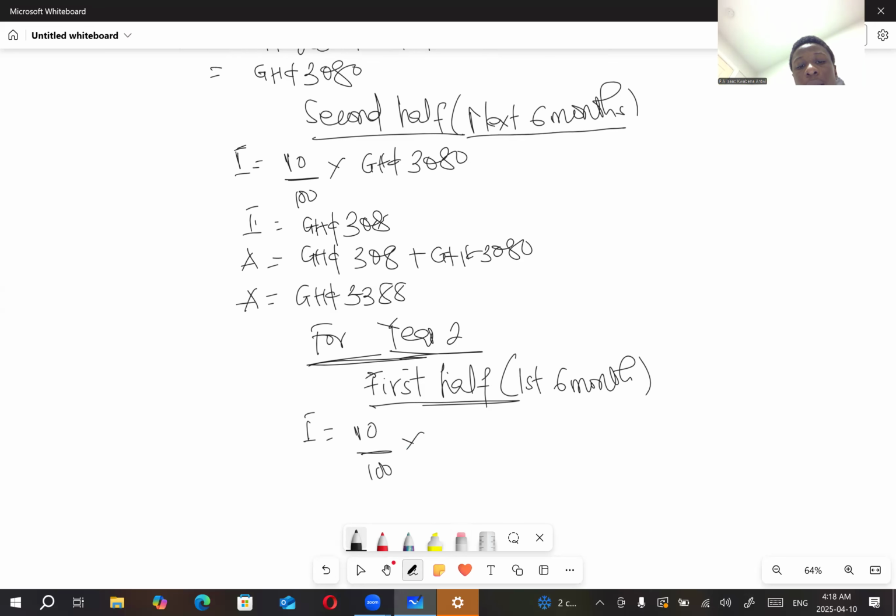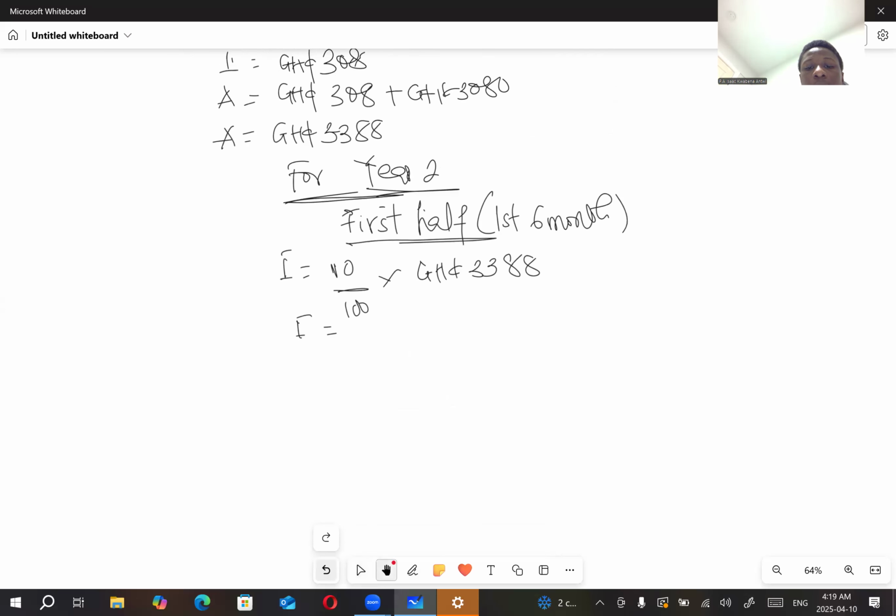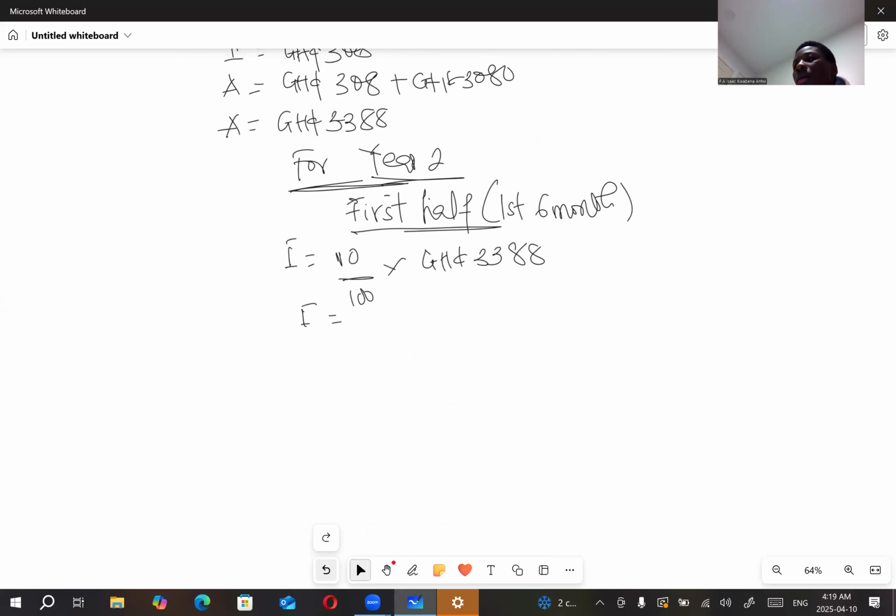Over 100 times the principal, the money has built to 3388. The interest becomes 10 over 100 times 3388. Today you all should have a calculator.